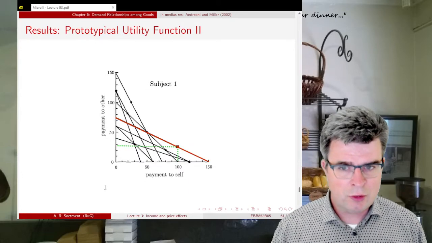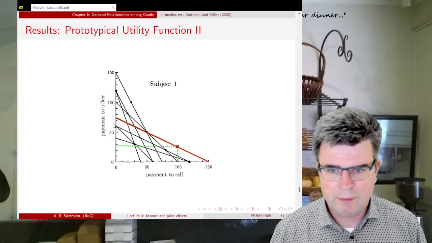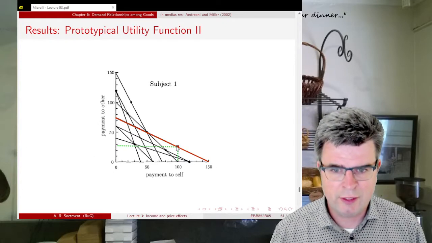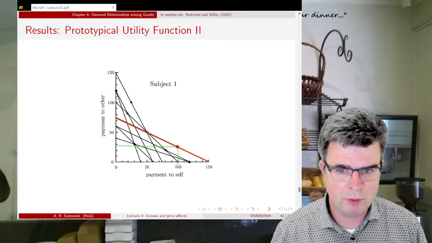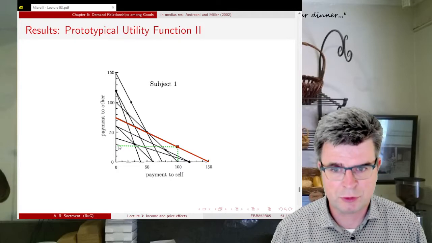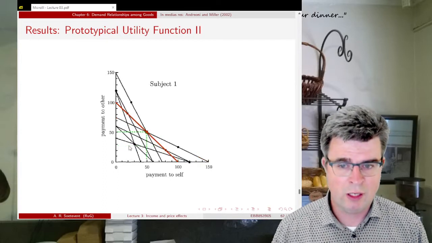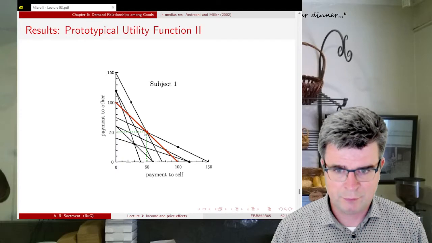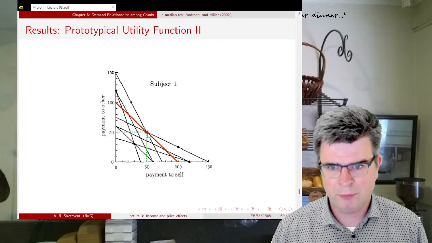Then another subject, this is subject 1. So given that this is the budget line, he chooses this division where the payment to self is 100 and to the other person about 30. If he faces a different budget line, then he changes his choice for the consumption bundle.